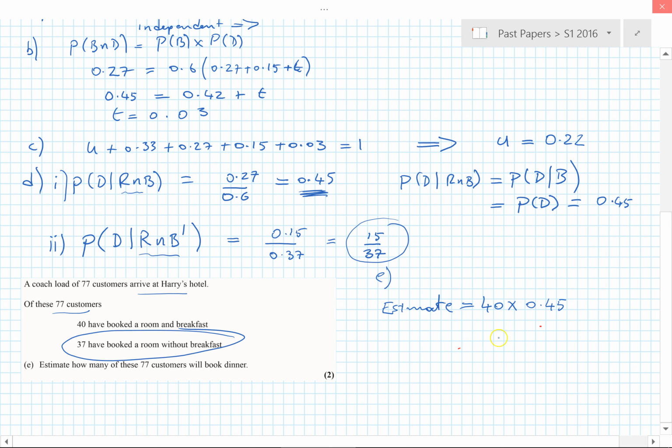So that's plus 37 times 15 over 37. Because 15 over 37, on average in the long run, of people who book a room but don't have breakfast will have dinner. And we've got 37 of them, so that's an estimate of how many it will be. It doesn't have to be exactly, of course, because randomly it probably isn't, but it's just an estimate of what it would be. So all that added together comes to 33.